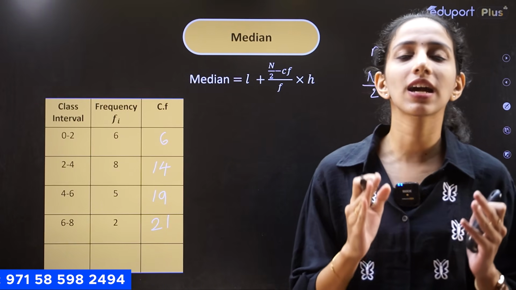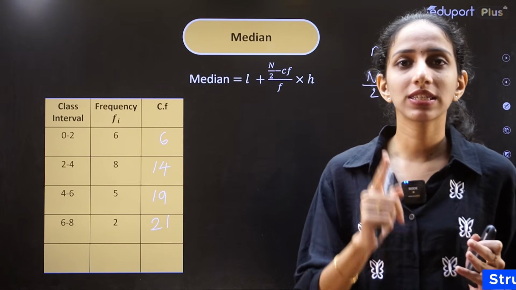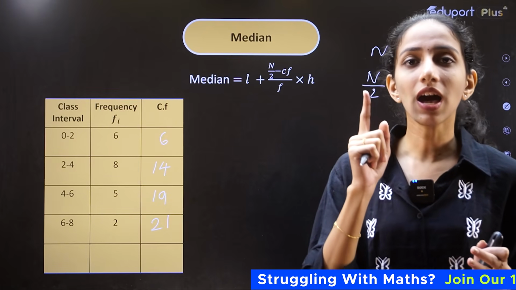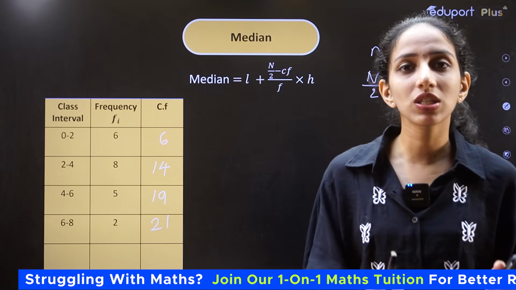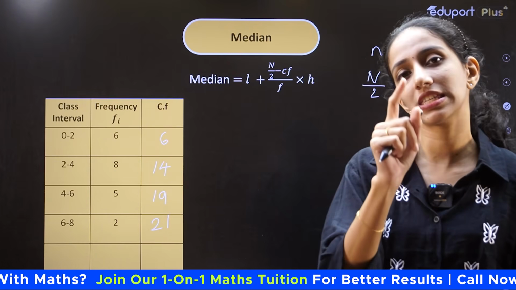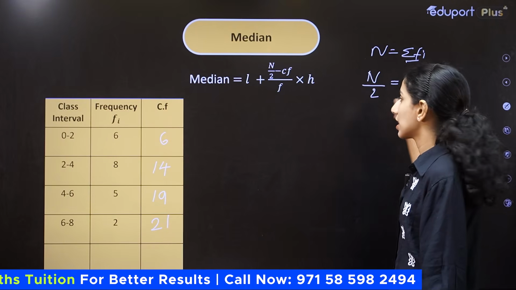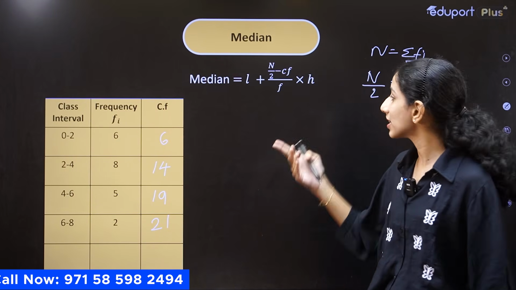Which class is considered the median class? That is our next step. While discussing median, first construct a cumulative frequency table, and next check which is the median class. How will you check that? N by 2 is here 10.5. Which class interval completes that 10.5?